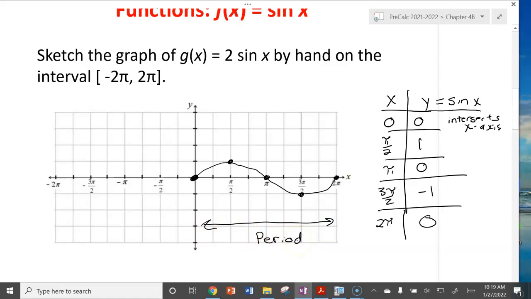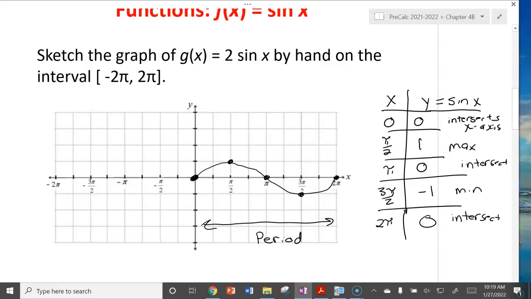And notice it got as high as 1, so that's a max. And then as low as -1, so that's your min. And then at pi, you have an intersection, and at 2 pi, you have an intersection. So those are your critical points.